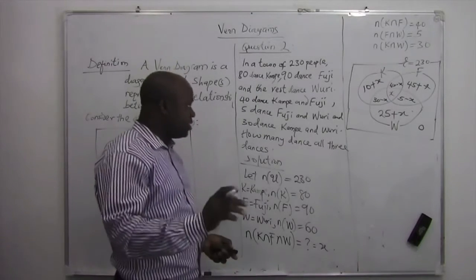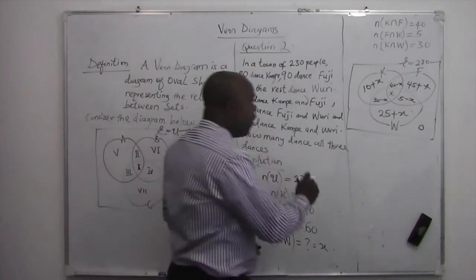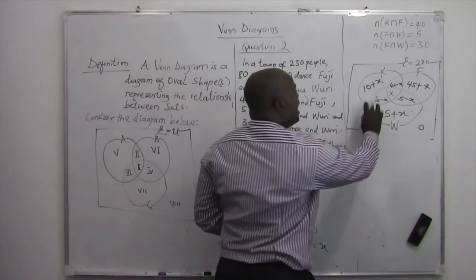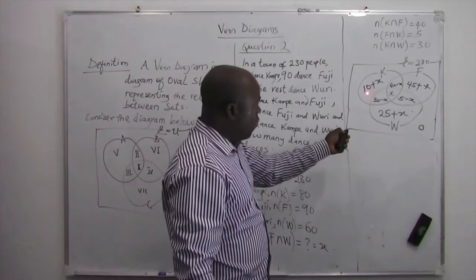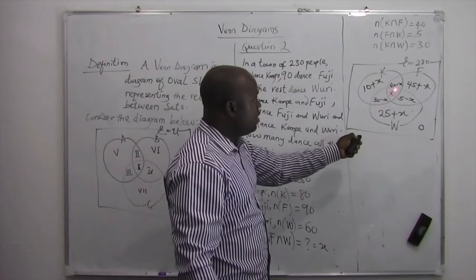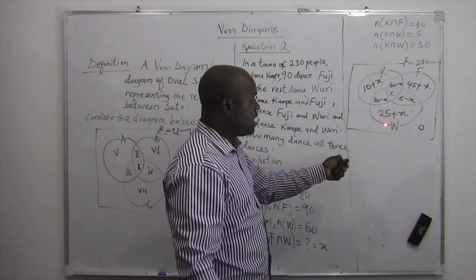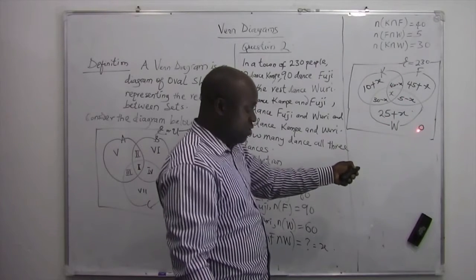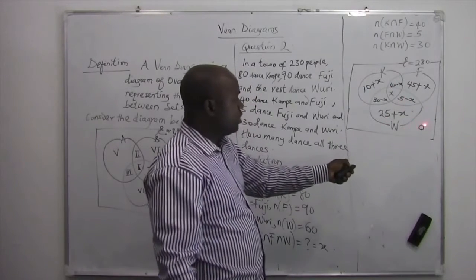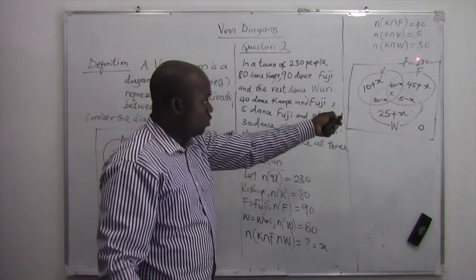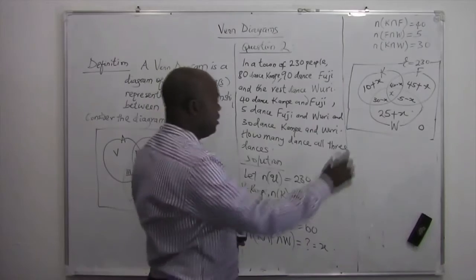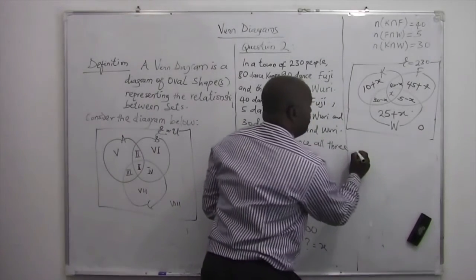So the final stage, like we did before, is to come now and add every item that is highlighted here. 1, 2, 3, 4, 5, 6, 7. Plus this 0, which is actually not important. And then we equate it to 230. Now, we proceed.